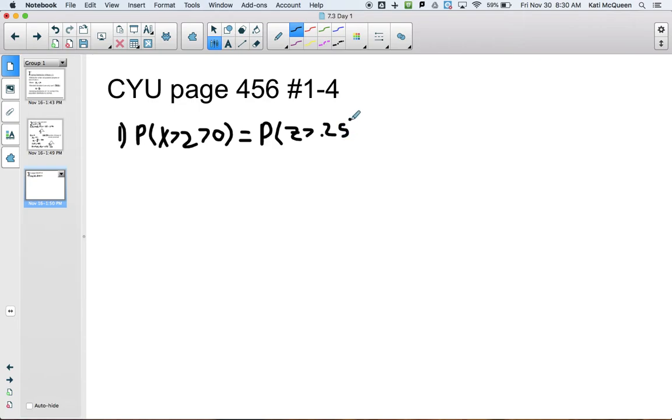So then I would do normal CDF on my calculator. See, 0.25 is going to be somewhere here. And I'm looking for the greater than part, so I'm looking for this area over here. So normal CDF then gives us 0.4013.